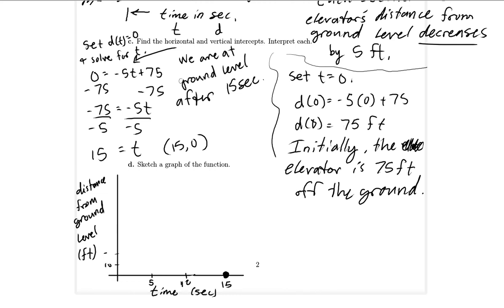So 10, 20, 30, 40, 50, 60, 70, 80. And so we know that because we're at 75 feet for the vertical intercept, that really means the point (0, 75) is on the graph. So I can just put a dot right there. And that alone is really sufficient to give me my picture. Okay, so if I ask you to graph something like this, use the knowledge that you have, right? Where you can say, all right, I know my intercepts, so that gives me a really fast way of being able to sketch a graph.